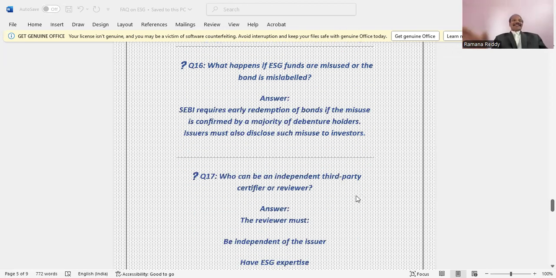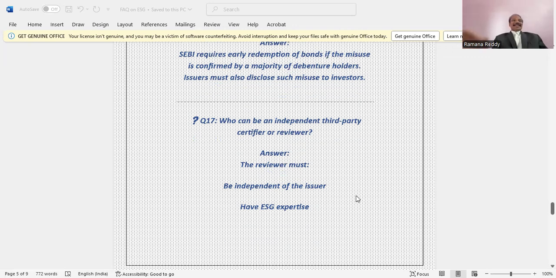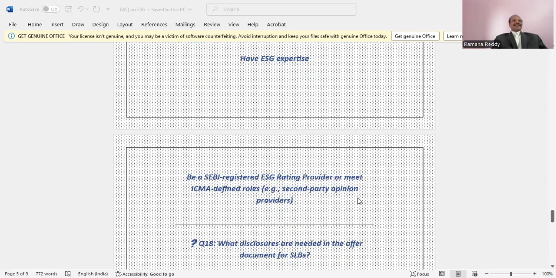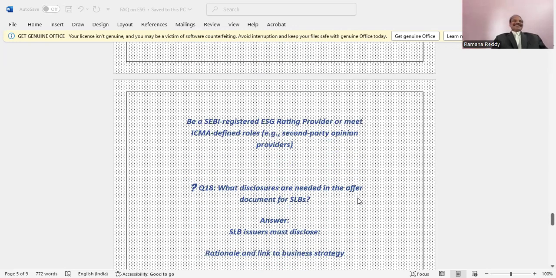Who can be an independent third-party certifier or reviewer? They must be independent of the issuer, have ESG expertise, be a SEBI registered ESG rating provider, or meet ICMA defined rules. Example, second party opinion providers.